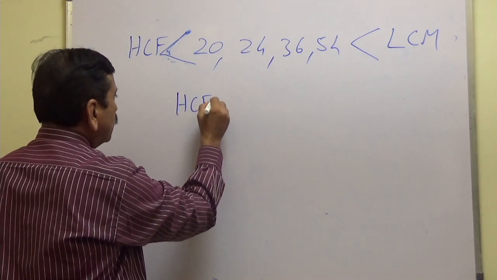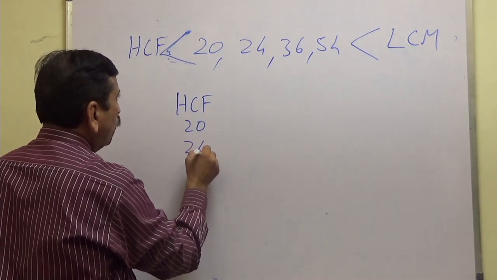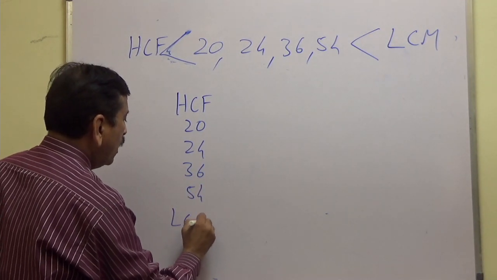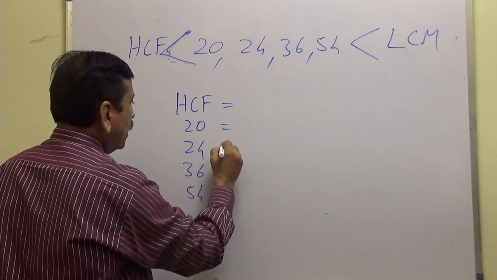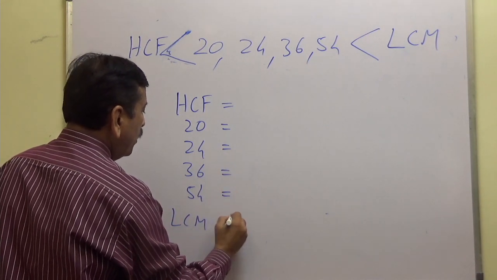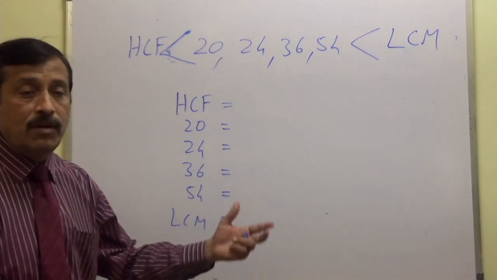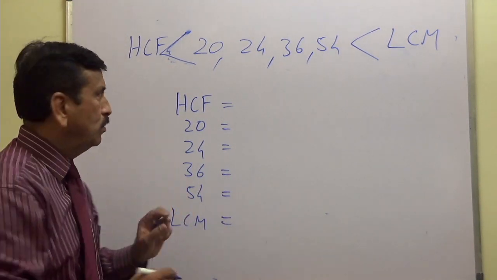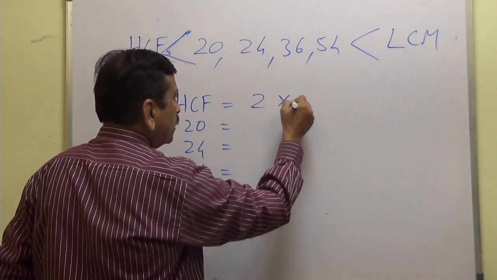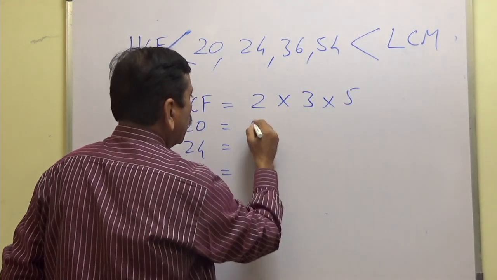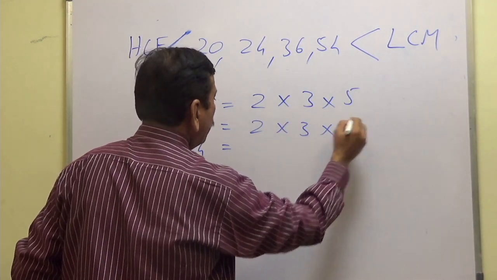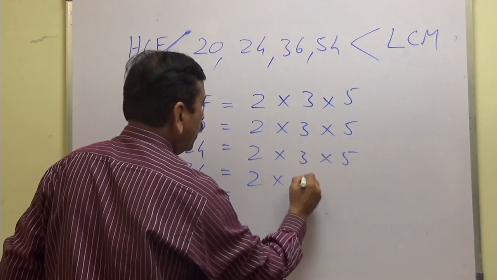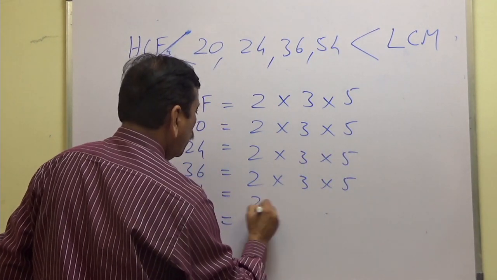HCF, 20, 24, 36, 54, LCM. Now I will express all of them in terms of powers of the distinct factors 2, 3 and 5, so I can write 2 into 3 into 5 for each.